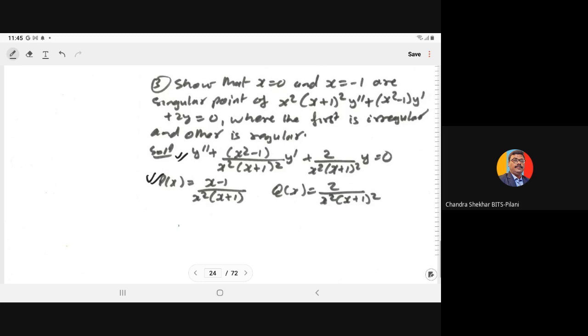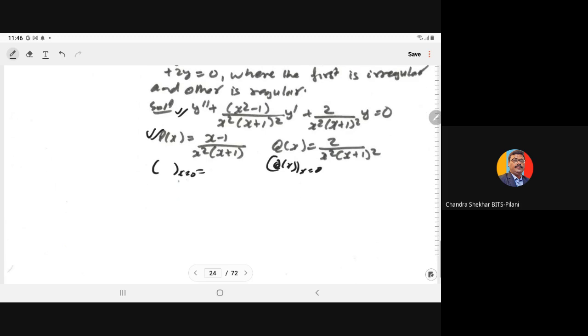If you put x is equal to 0, p(x) is not well defined, and q(x) for x is equal to 0 is again not well defined. When we put x is equal to minus 1, it is also not well defined. So this shows that x is equal to 0 and x is equal to minus 1 are singular points. Then what we have to compute: we take x minus x naught.